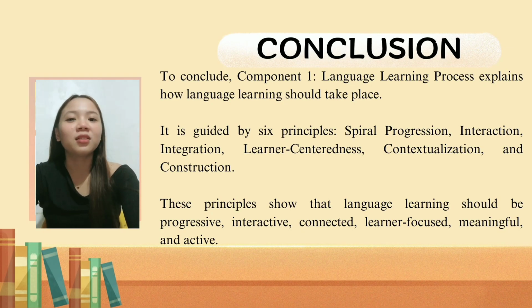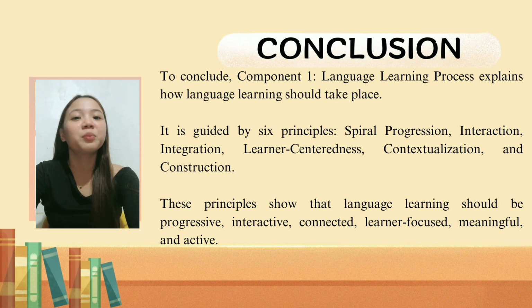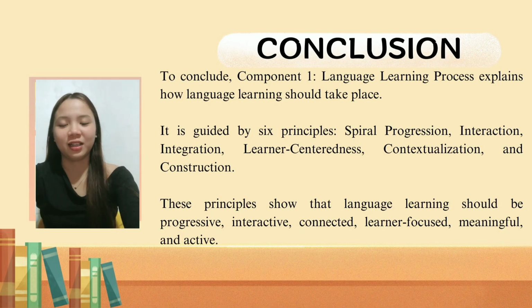As future English teachers, understanding these principles is important because they can guide us in planning lessons and choosing appropriate teaching strategies for our students. So the main thing that we should remember is component 1 tells us how students learn language, while the 6 principles guide teachers on how to support that learning.